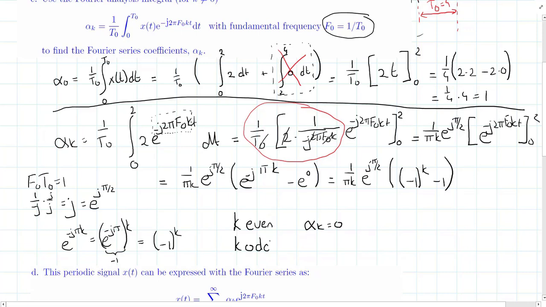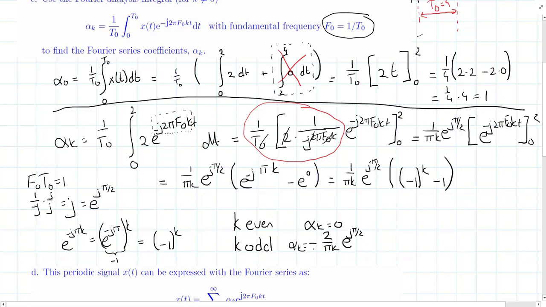In the case that our k is odd, then we would, for example, have minus 1 to the power 1, which is equal to minus 1. We would have in this expression minus 1, so minus 2. And then we would end up with minus 2 over pi k e to the power j pi over 2.